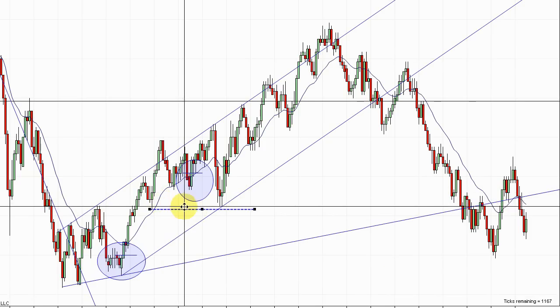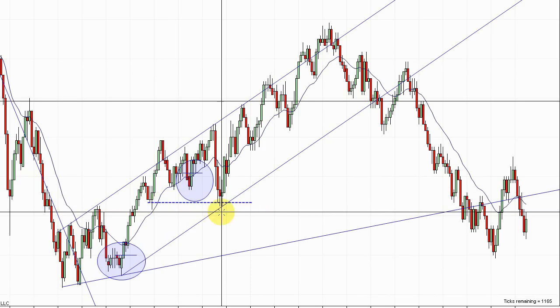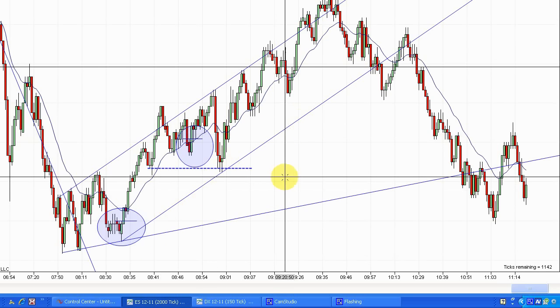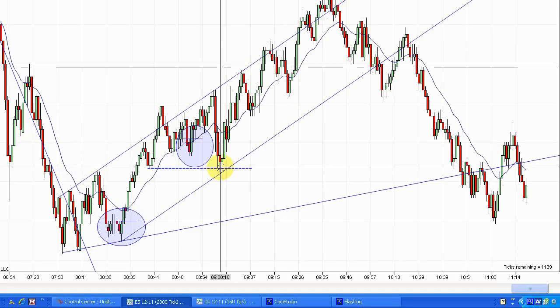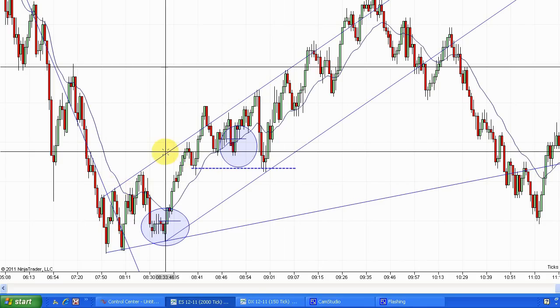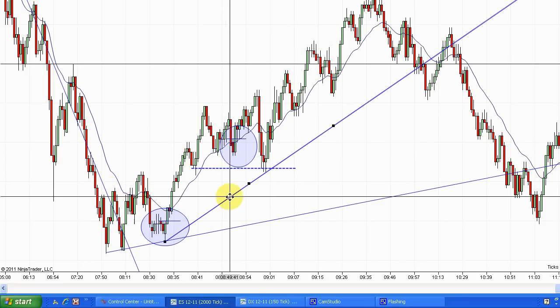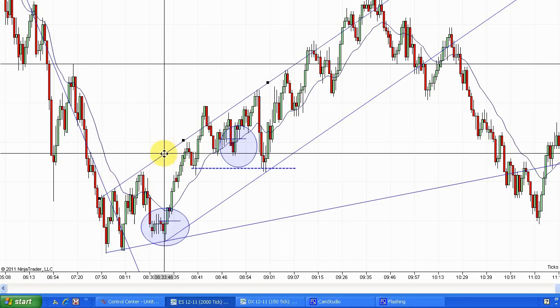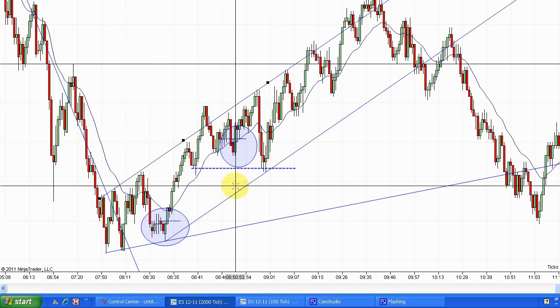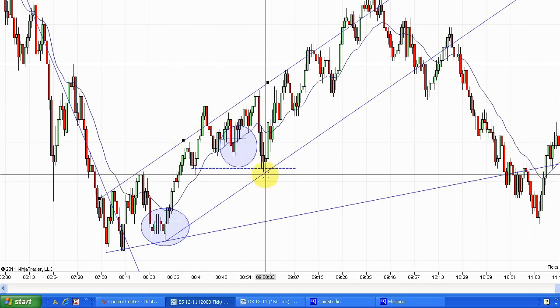It's doubtful you would have had this trend line in place, because you wouldn't have had this swing yet. So you wouldn't have known for sure that prices were going to reverse here unless you came over here and drew this line first and then brought it down. And I do that a lot of times. If you came over here and drawn that line, you could have had it drawn up through here, and then you just copy it and slide it over, and you know about where prices are going to reverse.